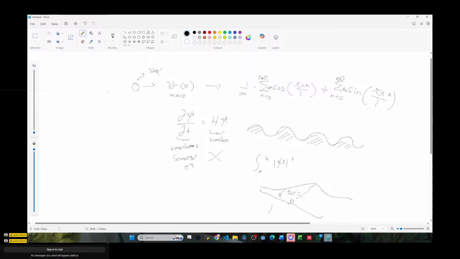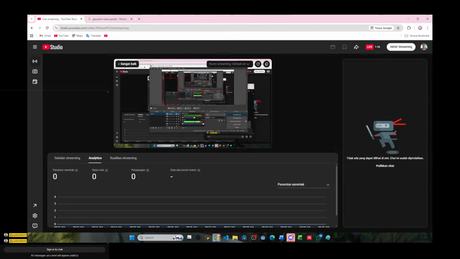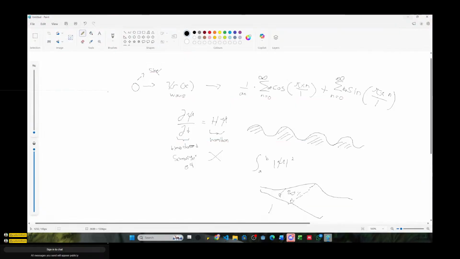So how can we combine this quantum particle with a Gaussian distribution? Oh sorry, I'm going to explain the Gaussian distribution first. Wait guys. I'm sorry if you don't understand my explanation, that's okay.